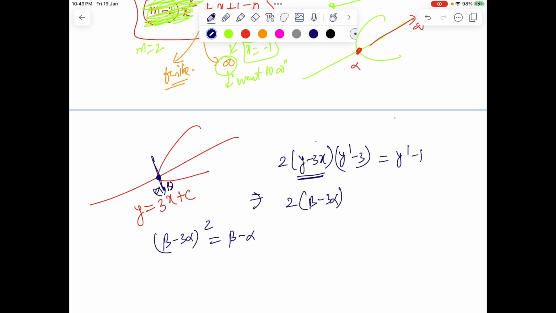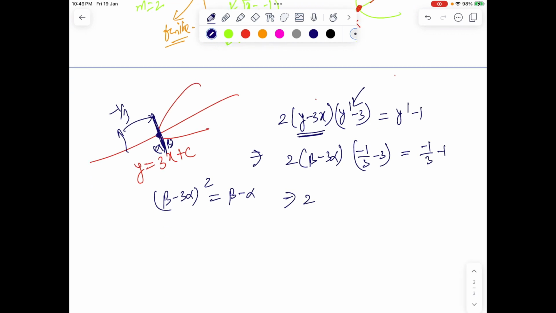If you put in the slope of the tangent at that point, dy by dx, the slope of the tangent should be minus 1 by 3. So let's keep minus 1 by 3 minus 3 equals minus 1 by 3 minus 1. That gives me 2 into (beta minus 3 alpha) equals minus 4 by 3 divided by minus 10 by 3.